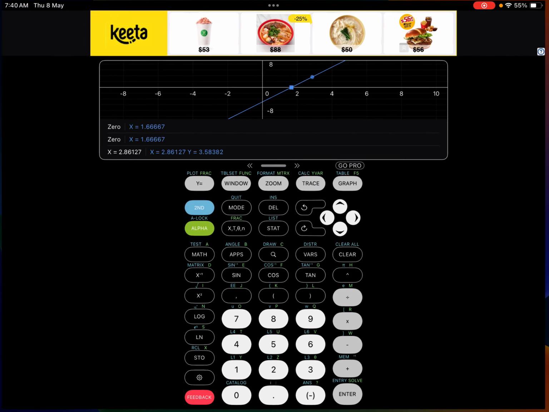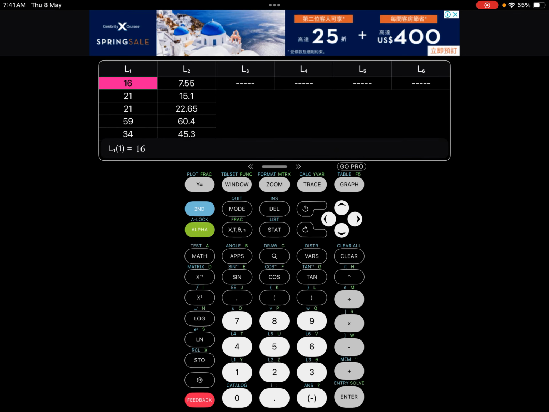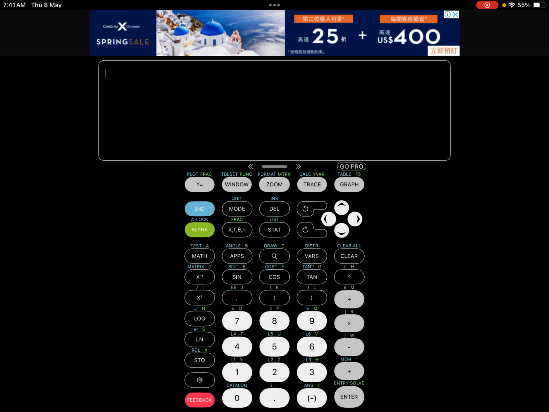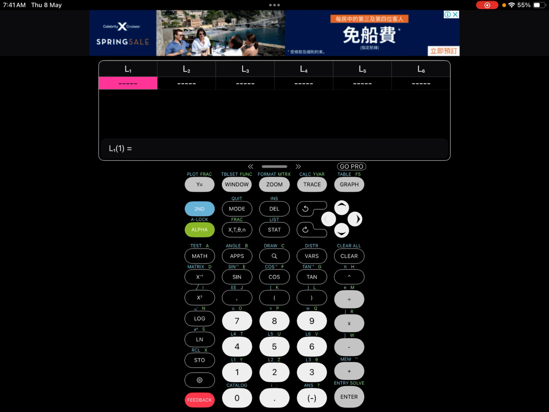Now, if we go to the GDC, what I need you to do is go to stat, go to edit. Let me just remove all these points first. So stat, edit. I'm just going to delete all these points. Now what we're going to do is put all these points that I just mentioned onto this little spreadsheet here.